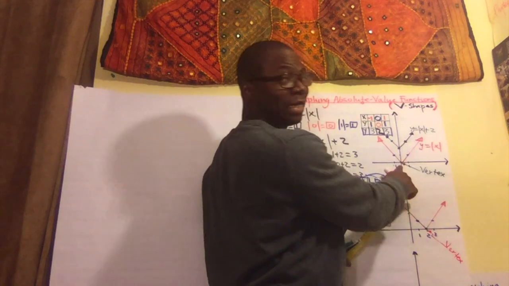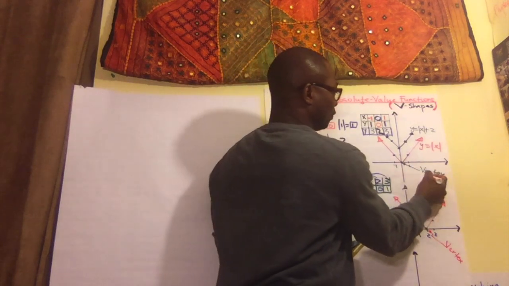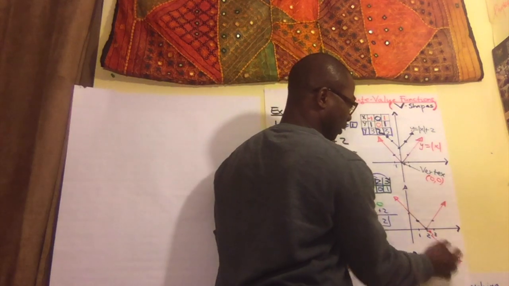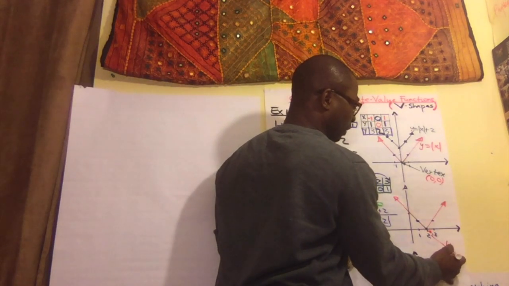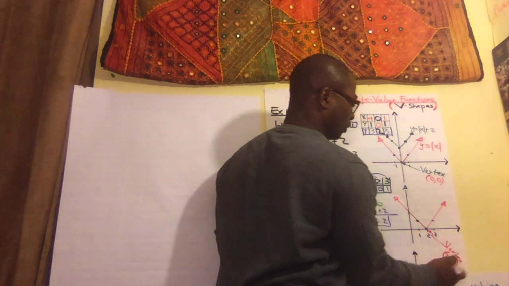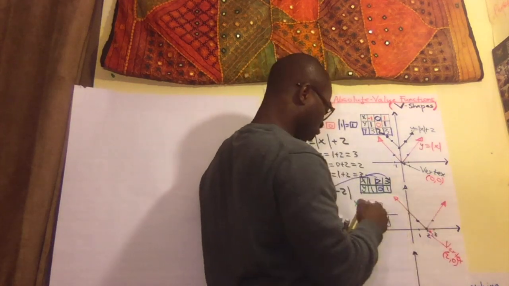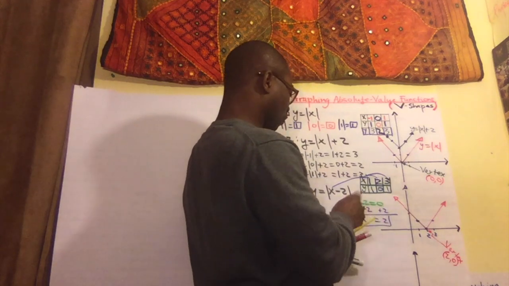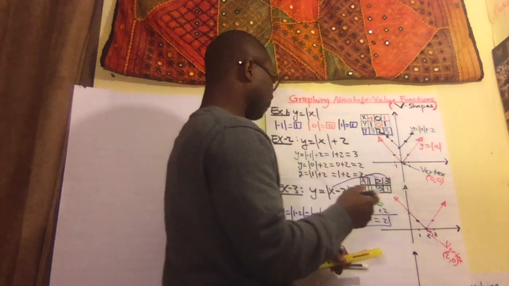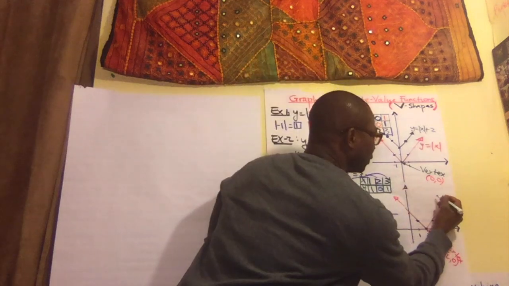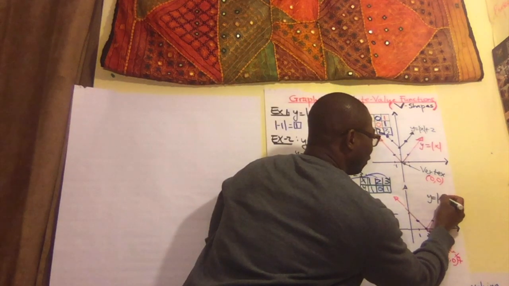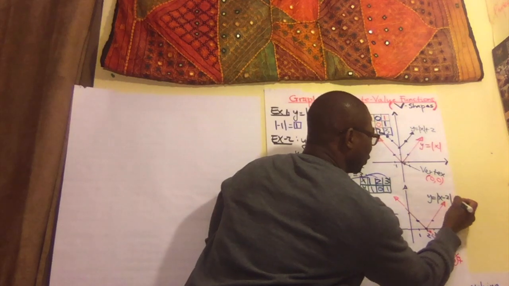Here the vertex was at (0, 0). Here the vertex is at positive 2, comma 0. So this function is y equals the absolute value of x minus 2.